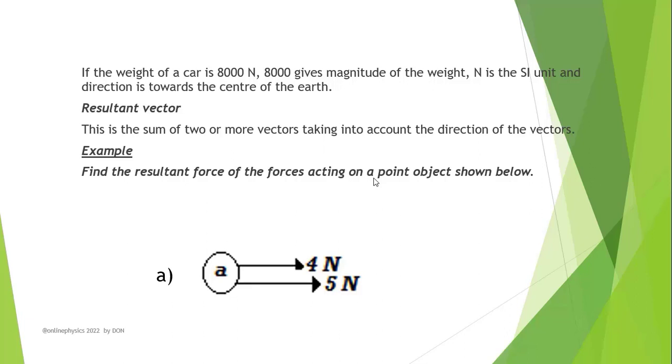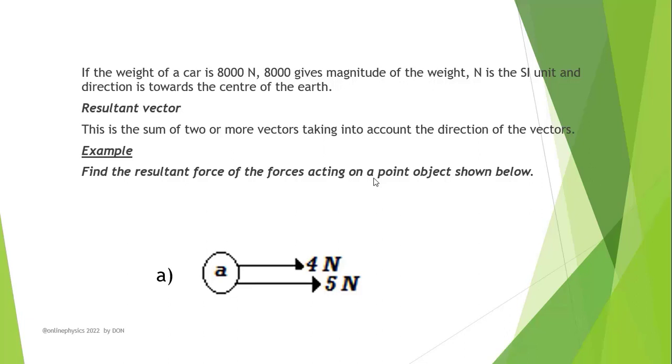So in that case, we'll be able to explain what the weight of a particular body is. We are saying the number is the size or the magnitude of that particular weight. Then N is the SI unit and the direction is towards the center of the earth.